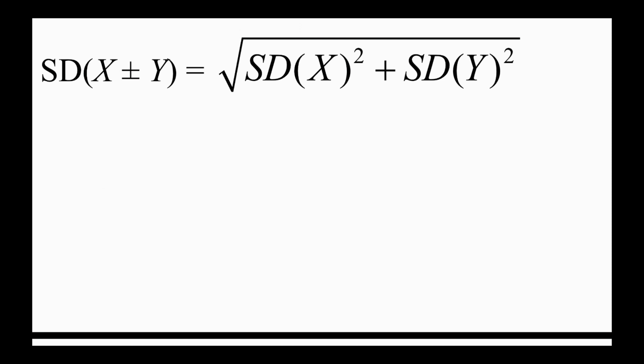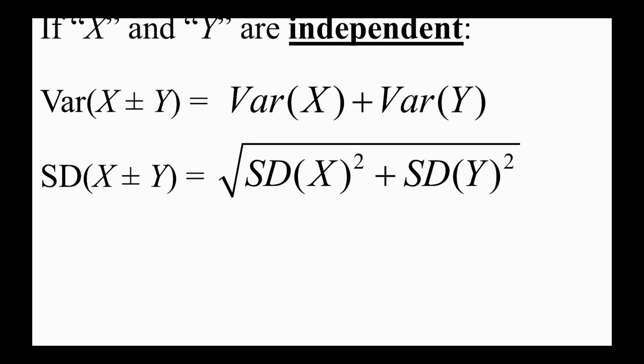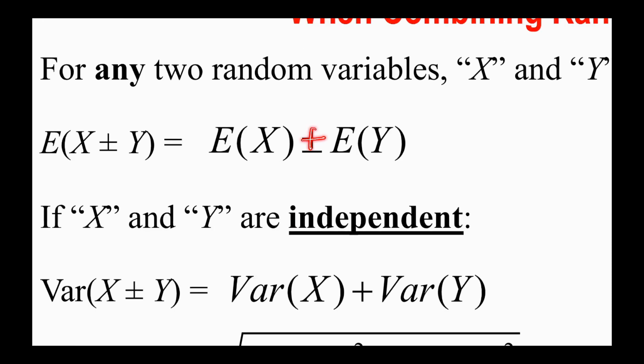You take the standard deviation of the first, square it. Take the standard deviation of the second table, square it, add them together, find the square root. Always adding in this one. The other one depends on what we're doing: are we combining them or finding the difference?